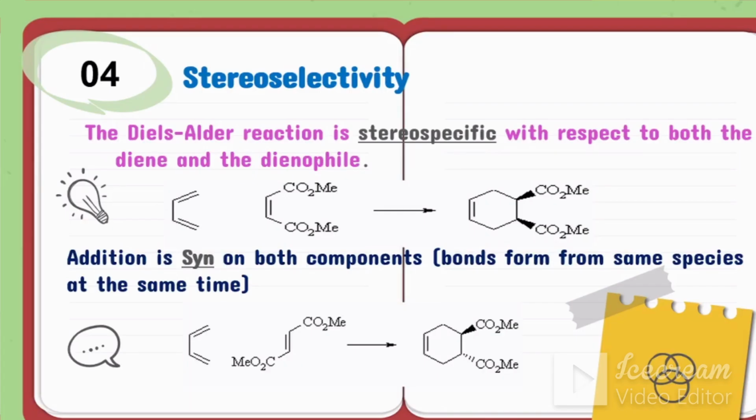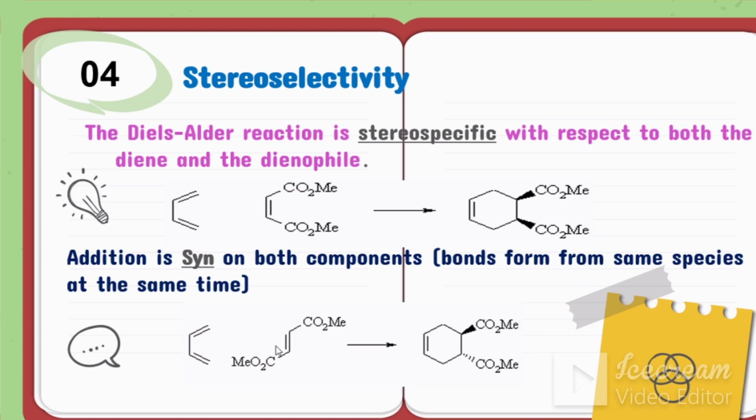Fourth point is stereoselectivity. The Diels-Alder reaction is stereospecific with respect to both the diene and the dienophile. See here, the diene reacts with a dienophile having cis geometry, and the reaction occurs to form the cis product.